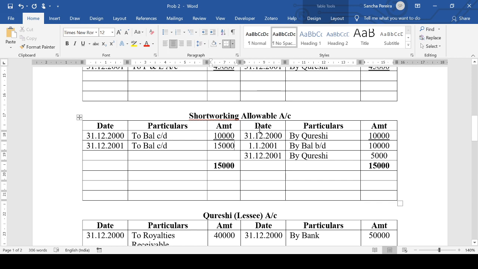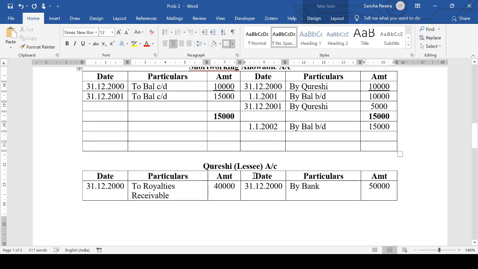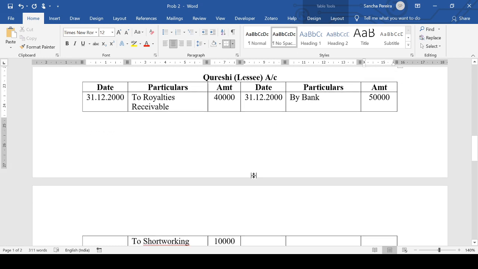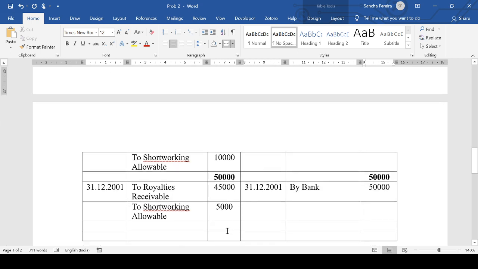If you see the balance carried forward in your statement in the second year, it's 15,000. So bring down the balance. Qureshi's account balances. So you have 50 here.